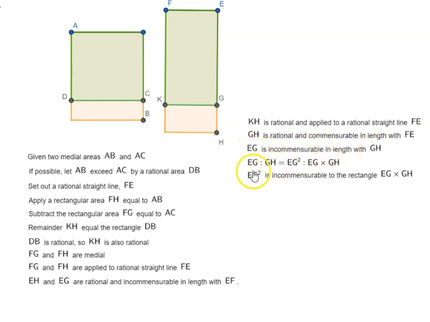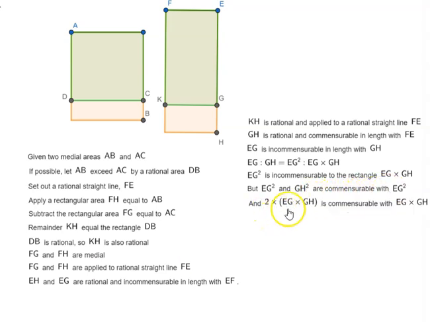So if these two are incommensurable, then these two are also incommensurable. But EG square and GH square are commensurable with EG square. EG square is commensurable with itself. Now EG and GH, although they are incommensurable in length, they are commensurable in squares. So we can say they are commensurable in square only.